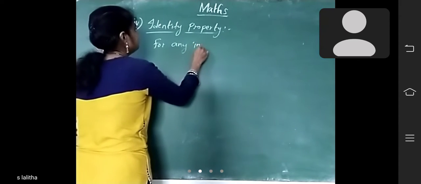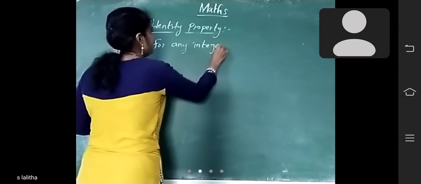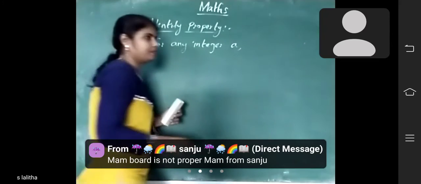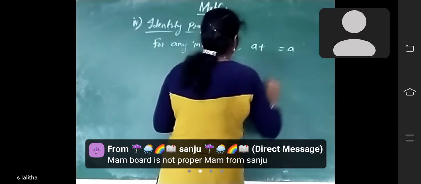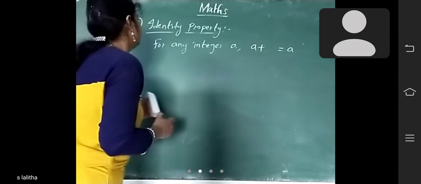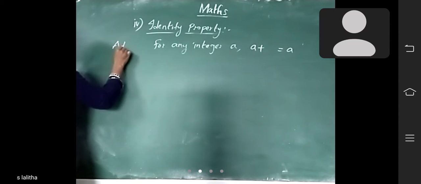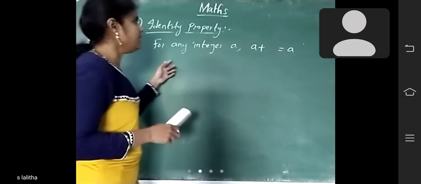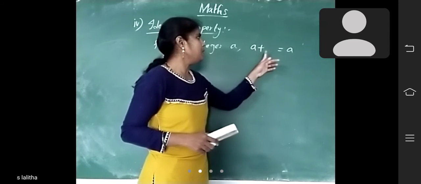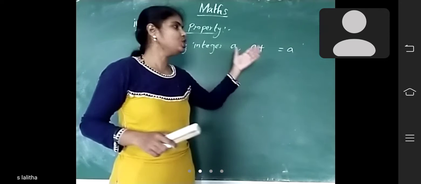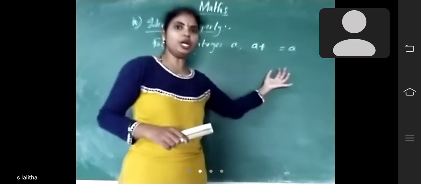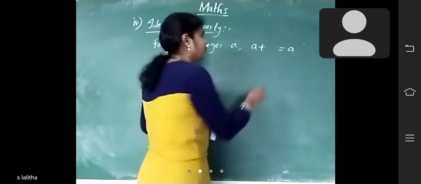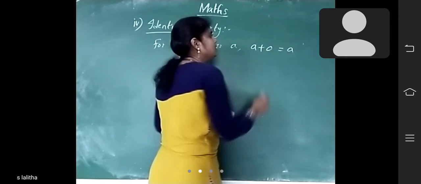For any integer a, a plus dash is equal to a. Which number should you add to a to get the same answer a? Yes, 0. a plus 0 is equal to a.